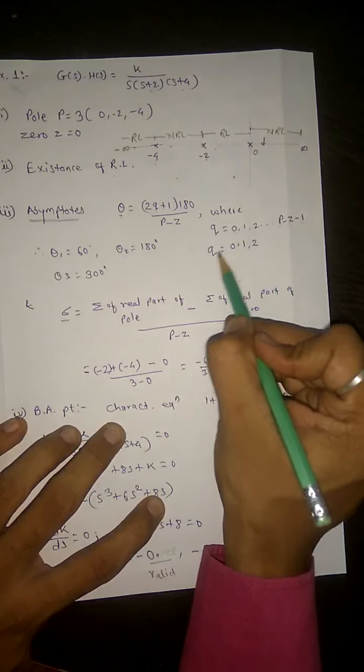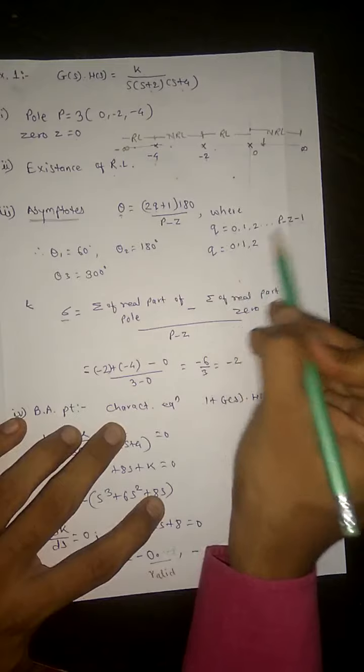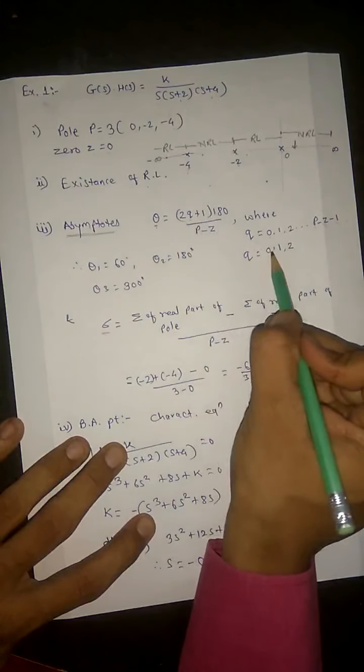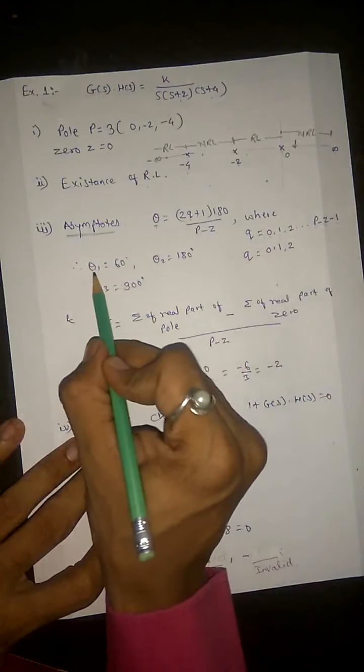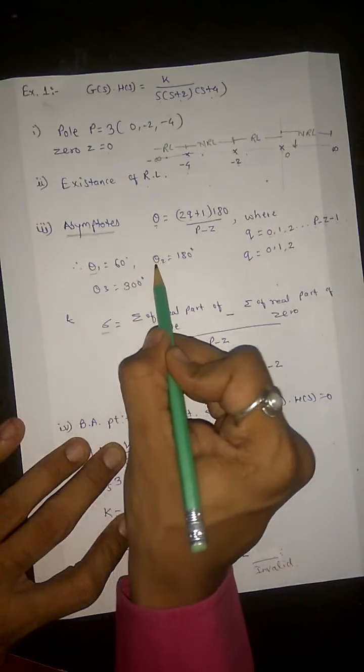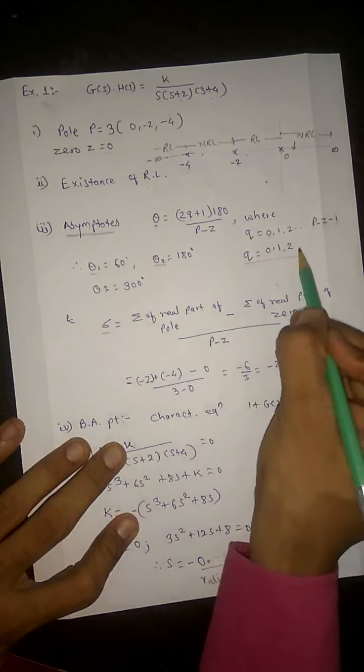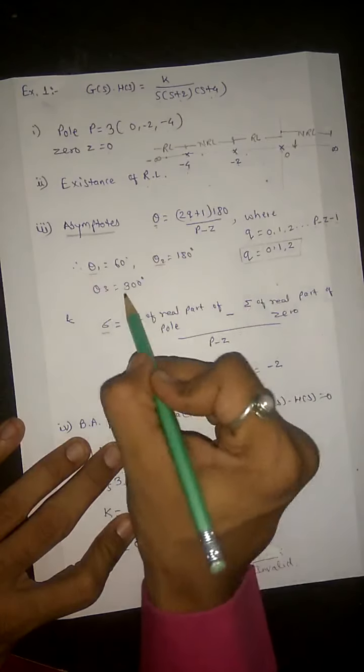So q goes 0, 1, 2. Put all these values in the equation and you will get theta 1 as 60, theta 2 as 180 and theta 3 as 300 degrees. As you got three values, you will get three angles.